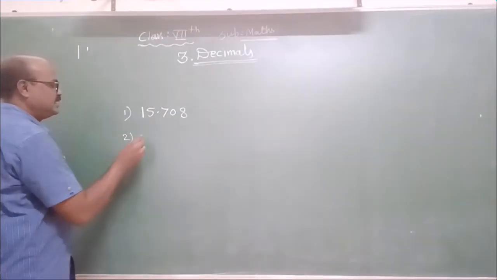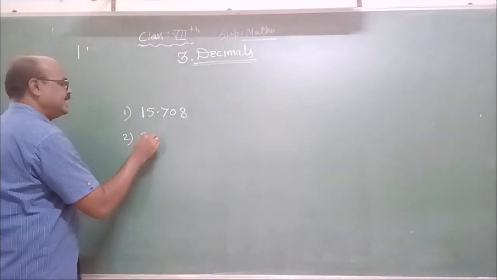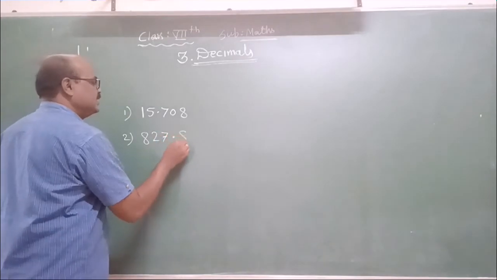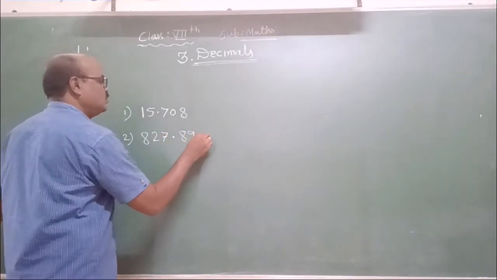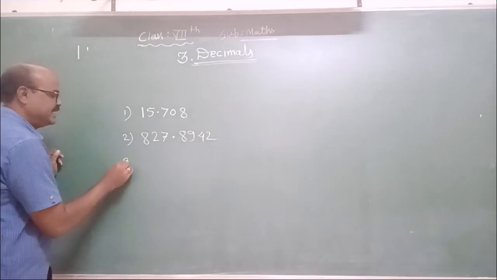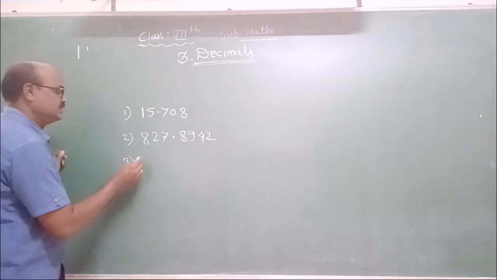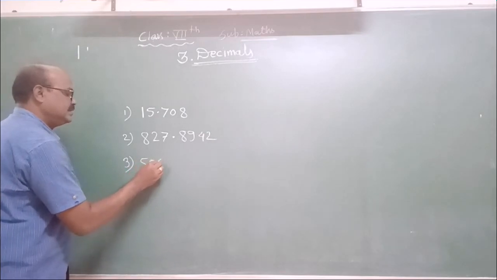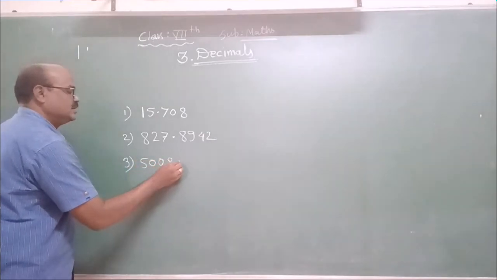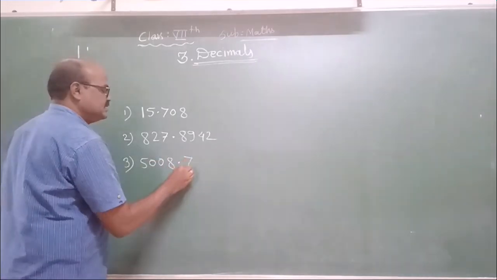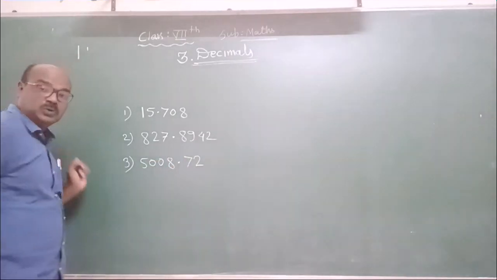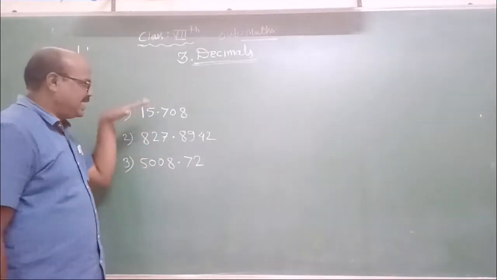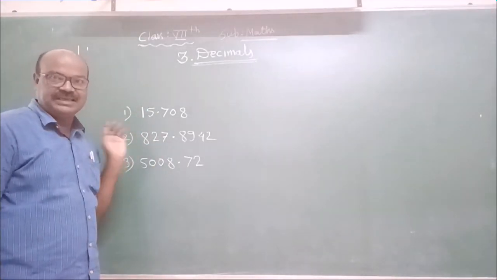Second example, let us take 827.8942. Third example I am writing here: 5008.72. So by using the decimal point, I have written some decimals here.